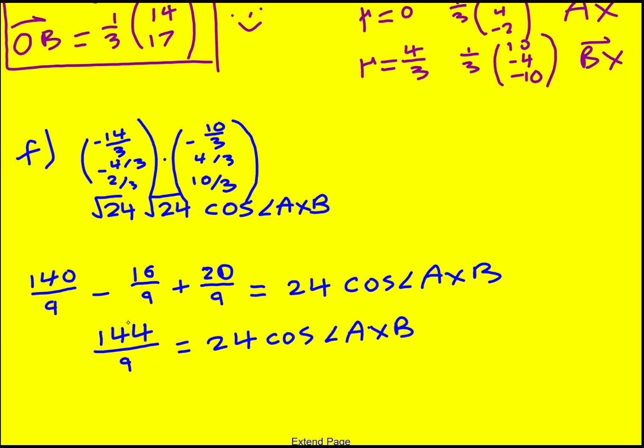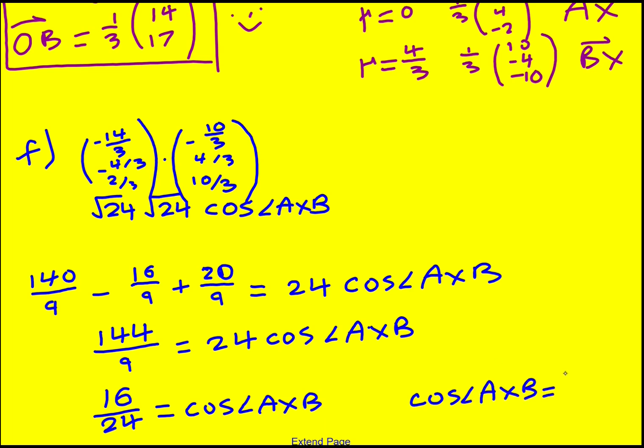And 9 into 144 will be 16. So 16 over 24 equals cos of our angle. And finally, cos of AXB, if we're simplifying it, is equal to 2/3.